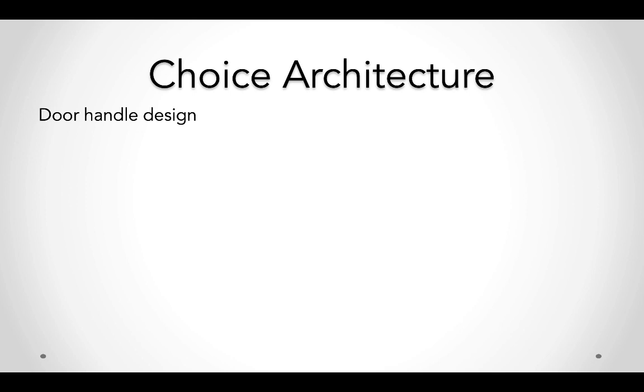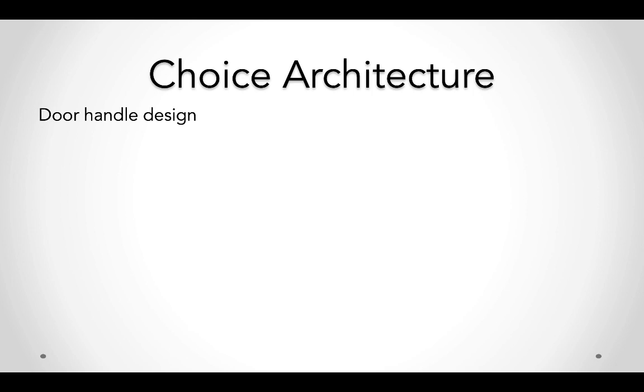Back to choice architecture. Look around you. You might be in the office and you look at the doors that are surrounding you. You might be in your home. Look at the door handles. There are certain things that happen in your mind when you're trying to open a door using that handle.